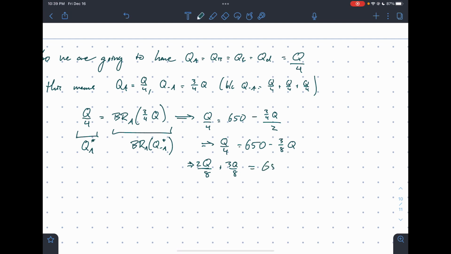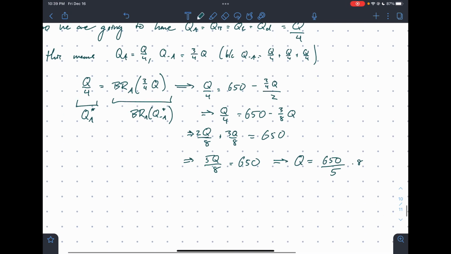This is equal to 650. So I get 5Q over 8 equals 650. And this means Q is 650 divided by 5 times 8.